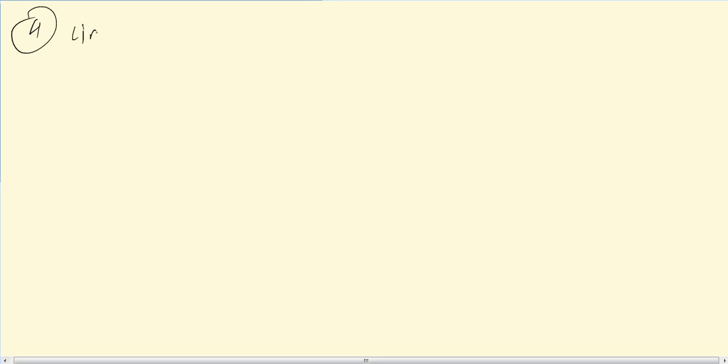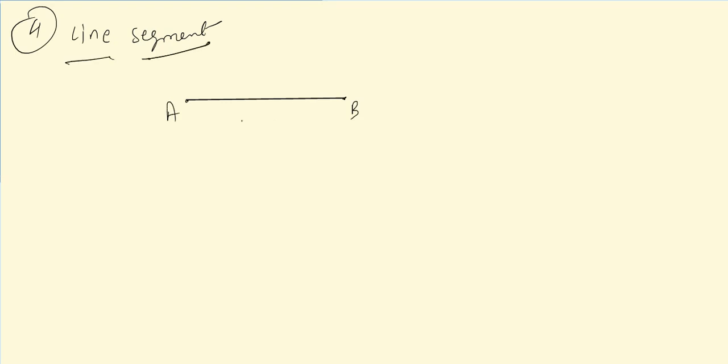So now line segment. Fourth is line segment. A line segment is a part of a straight line. This is your diagram, and in this diagram this point is A, this point is B. In a line segment, we are not putting arrows here, because a line segment is known.